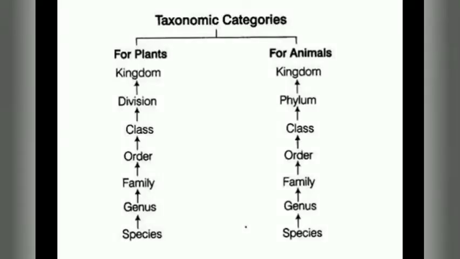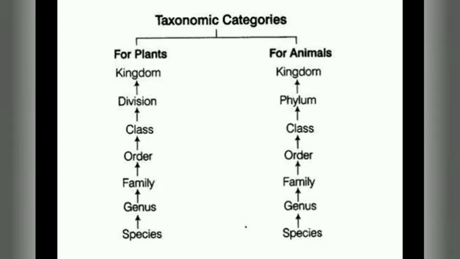Following are the taxonomic categories for plants and animals. You can see the only difference is that in plants it is division, for animals it is phylum. So plants it is kingdom, division, class, order, family, genus, species. And for animals it is kingdom, phylum, class, order, family, genus, species.